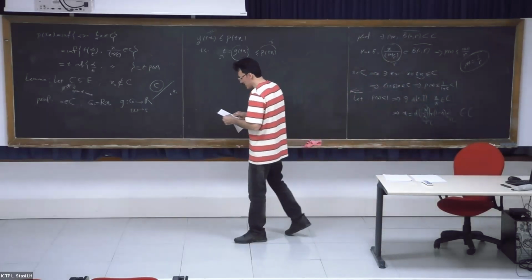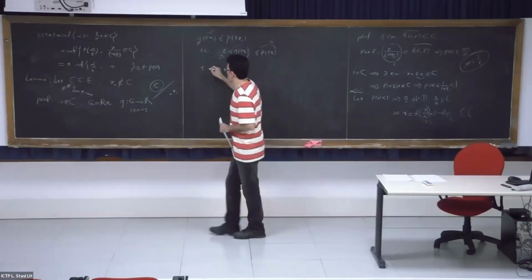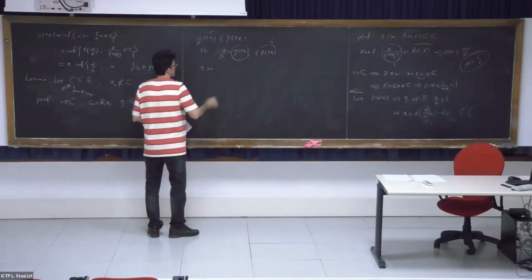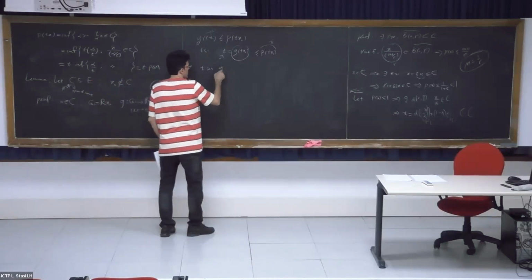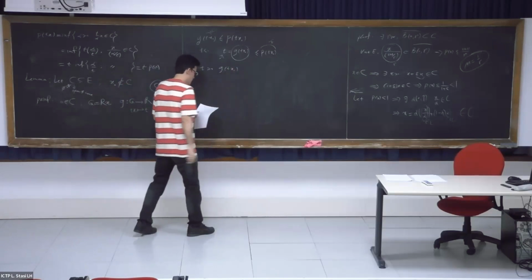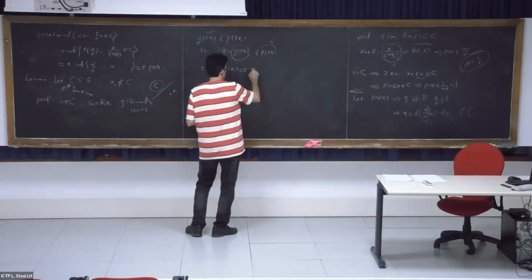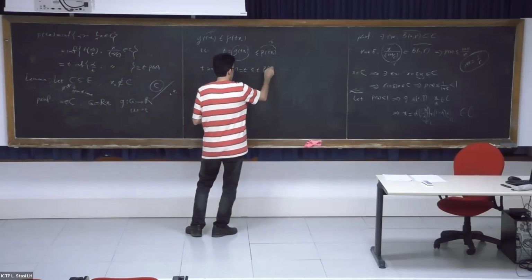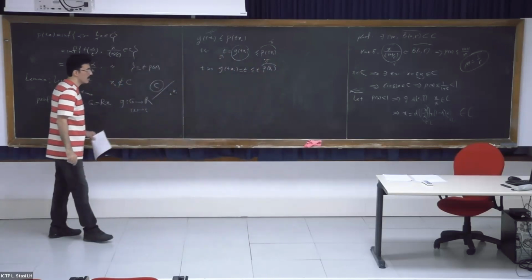And for positive t, g of tx0 is t, which is less than p of tx0 = t p of x0, because this one is greater than 1. Why?